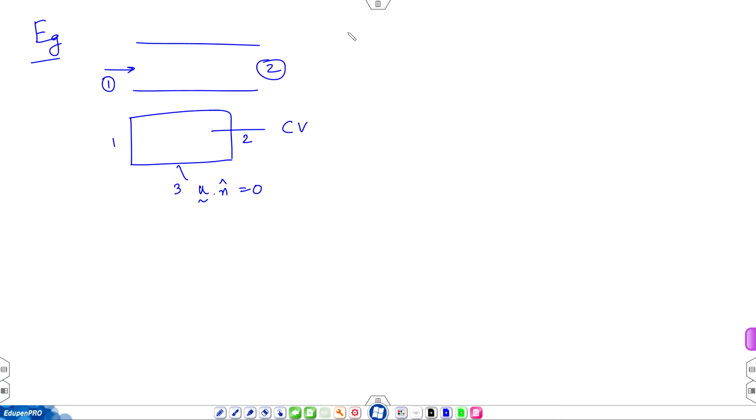This is an example of flow through a tube of circular cross section, which is why we just show a surface 3, which is the circular side part of the tube.